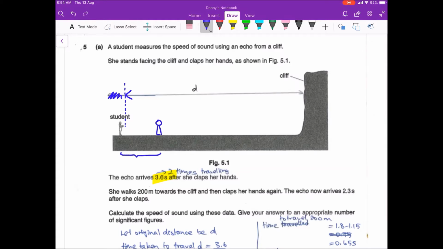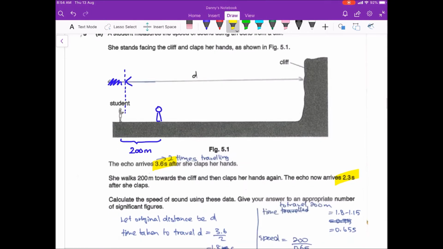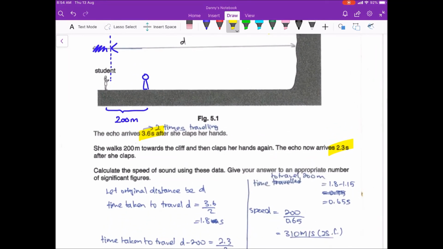That distance is 200 meter, and then he sent out a sound again, but this time the sound of course will reach her at a shorter time, because now he's nearer to the reflecting surface, which is the cliff. I have to calculate the speed using this setup. So let's see what he did.